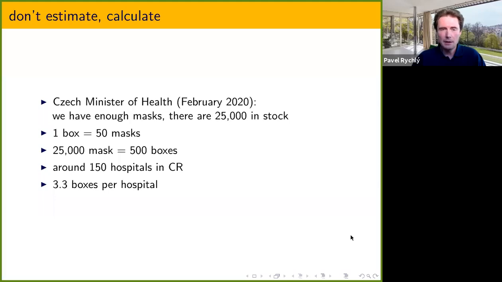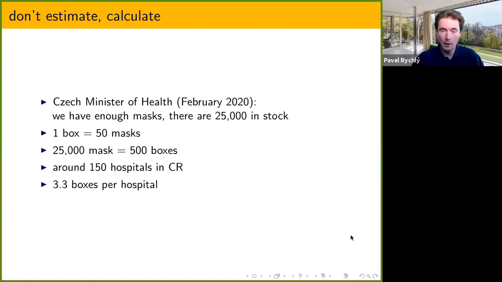The Czech Minister of Health was asked whether the Czech Republic is prepared for the pandemic, whether we have enough masks, and the answer was that there are 25,000 masks in stock and several more prepared in distribution. And it seems that it is a big number, 25,000.